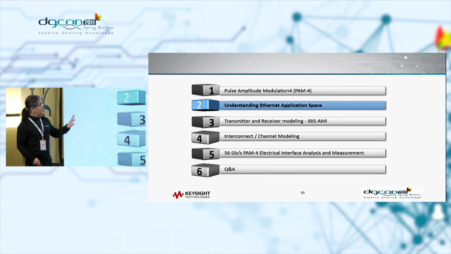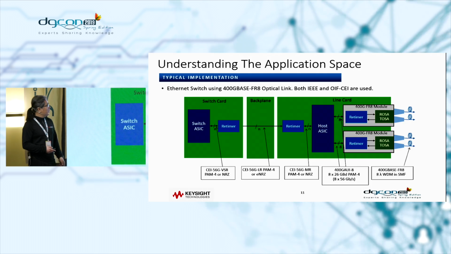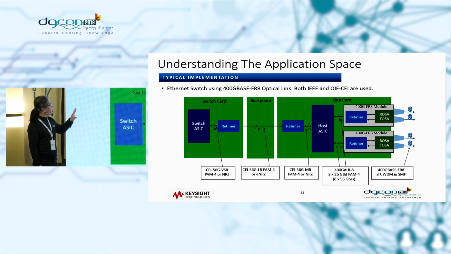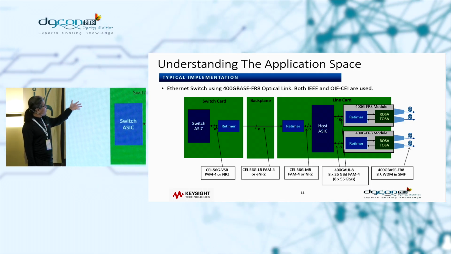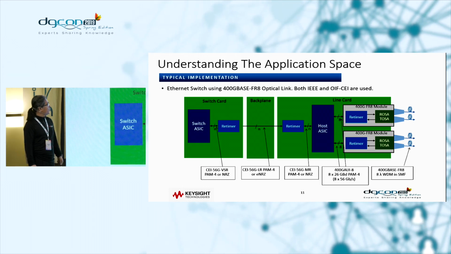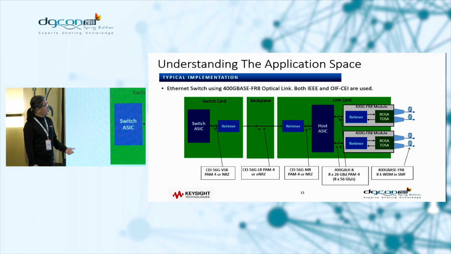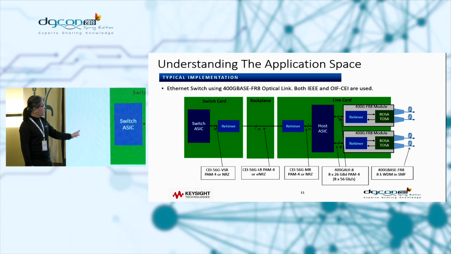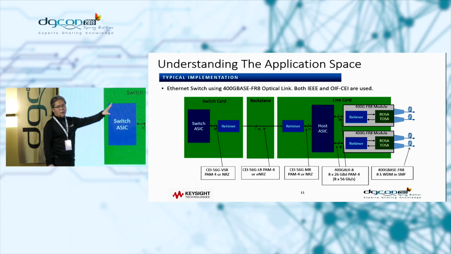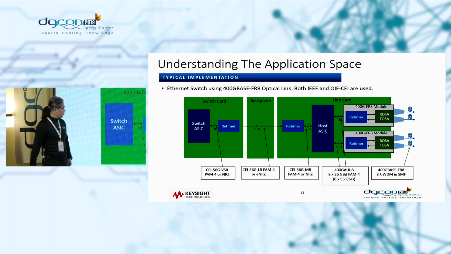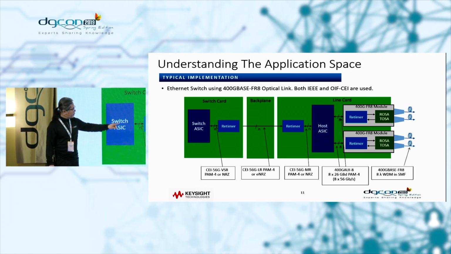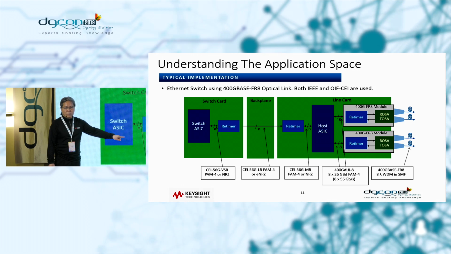So let's talk about the Ethernet application space. This is the more typical implementation. One example I'm using here is the Ethernet switch using the 400GBASE-FR4 optical link. So here's a switch card, a backplane, and a line card. These are all the connections. Every single area, you see a different type of standard.